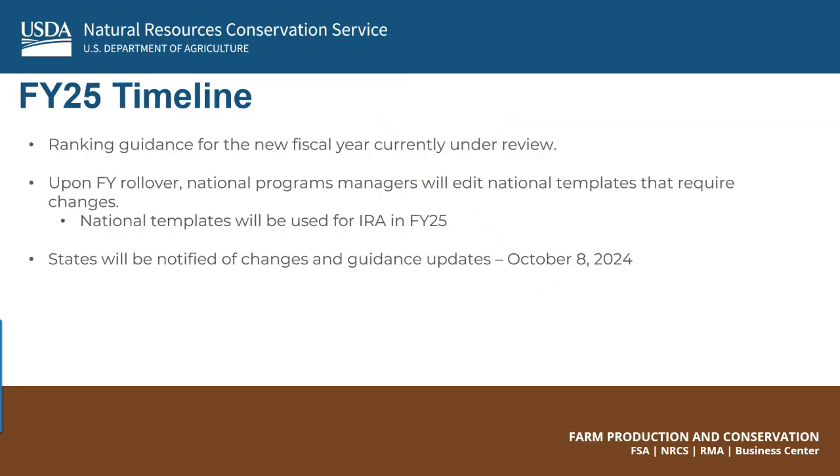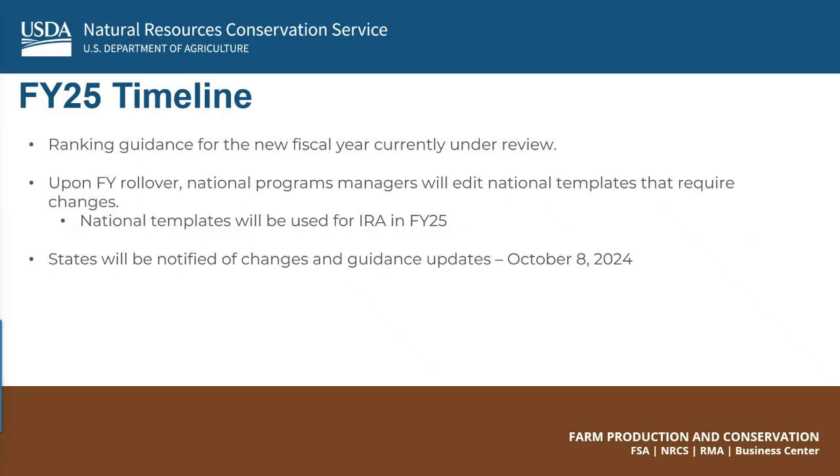And for our fiscal year 25 timeline, just some updates to be aware of. Ranking guidance for fiscal year 25 is currently under review, and we're hoping to have that pretty early in the fiscal year. Upon fiscal year rollover, our national program managers are going to be going into CART, and they're going to be making any necessary edits to ranking templates.